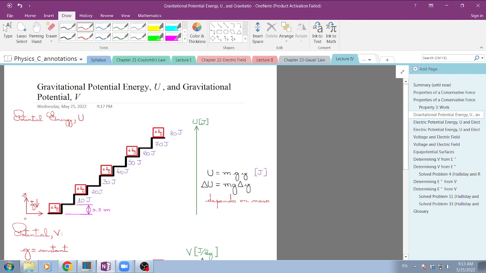First step, if I'm considering the reference here, this would be 0, and then you're going to have jumps here. I just label every one, considering gravity is 10 meters per second squared, and you're going to have 10 joules, 20, 30, 40 until 80, right? You can have this very easy to calculate.